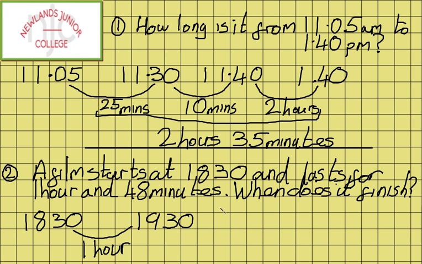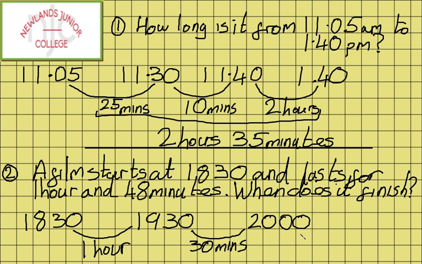We've still got 48 minutes to move forward by, and at this point you may want to break this 48 minutes up into a couple of bits. A sensible option might be to go forward 30 minutes, because that takes you to a nice round number of 2000.